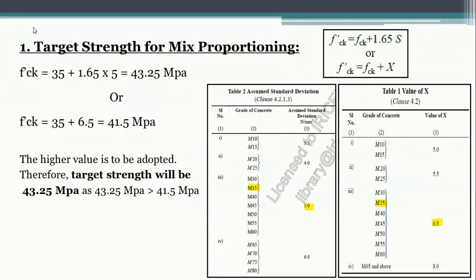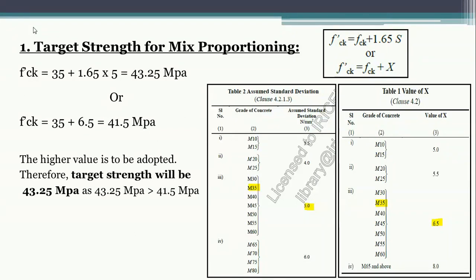Next we'll move on to the first step, that is target strength for mix proportioning. f'ck is equal to fck plus 1.65 into s, the first formula; you know the formula, it is there in the code book, and I have told you about this in the previous two classes also. The second formula is f'ck equal to fck plus x, where x is based on the grade of concrete. So 35 plus 1.65 into 5, since for M35 the standard deviation is 5, which I have highlighted.